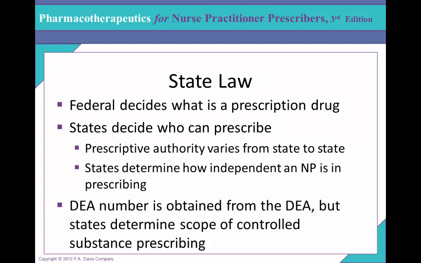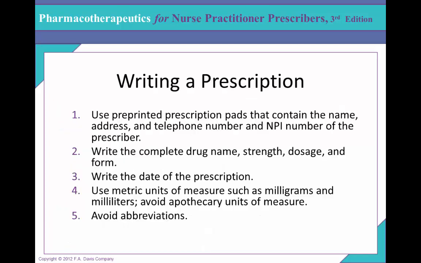States have the authority, or police power, to take regulatory action to protect public health, welfare, and safety, and this could include the suspension or revocation of your license. DEA registration is obtained from the DEA, and that determines the scope of controlled substances prescribing.